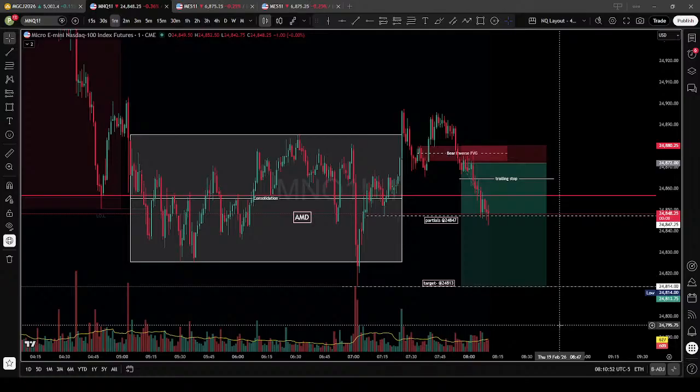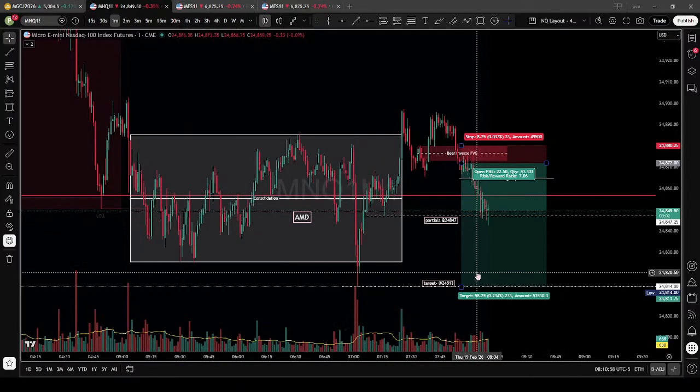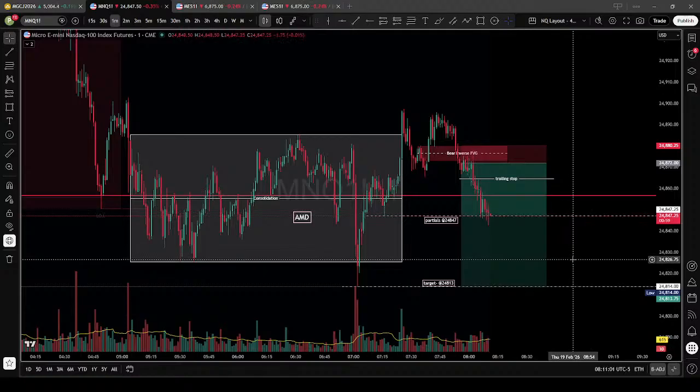Price is choppy right now. It's not moving the way it was in the morning, and it's getting difficult for me to judge the entry, the exits, or who is failing and who's winning right now.